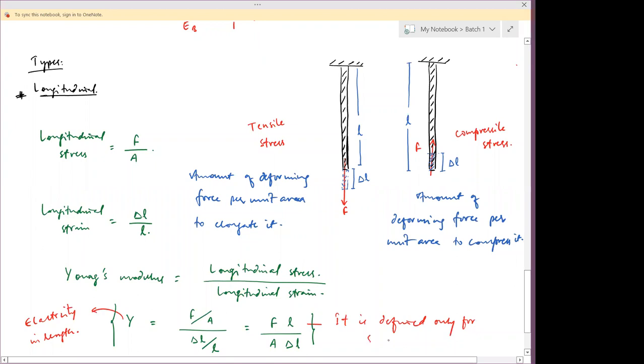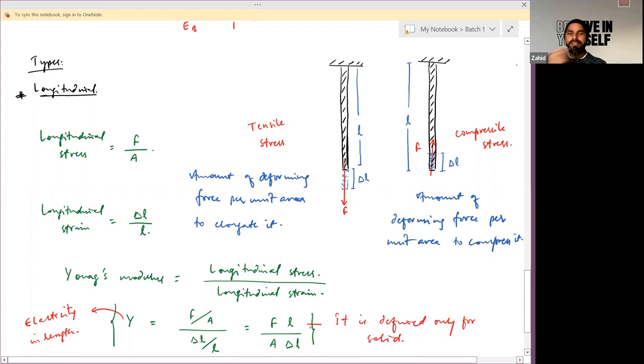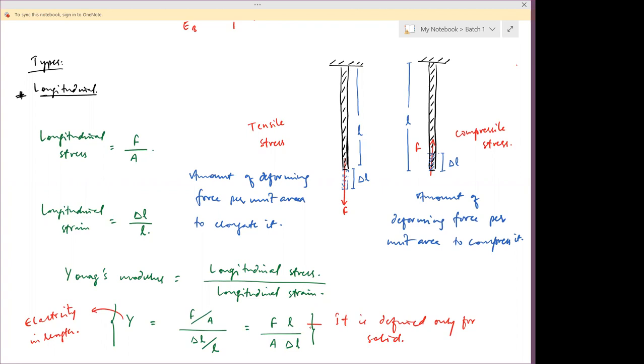Yes, sir. Okay, just write it down to this part. Khalid, any doubt? No, sir. Okay.